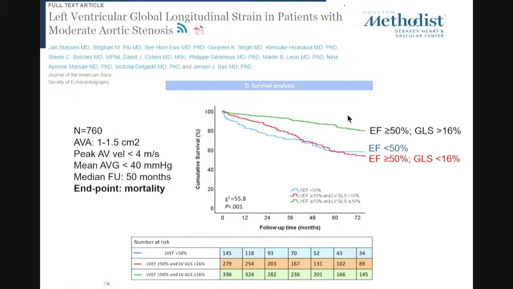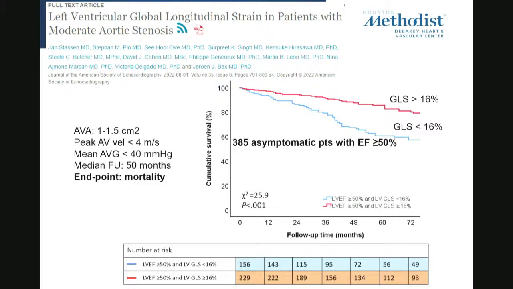So EF 50% or better with a GLS over 16 had the best outcome. EF less than 50%, the blue curve, a bad outcome compared to the other one, but a good EF with a GLS under 16 had as bad an outcome as the low EF. This is moderate aortic stenosis that we normally have been saying, well, we'll follow you and see how you're doing and whatnot.